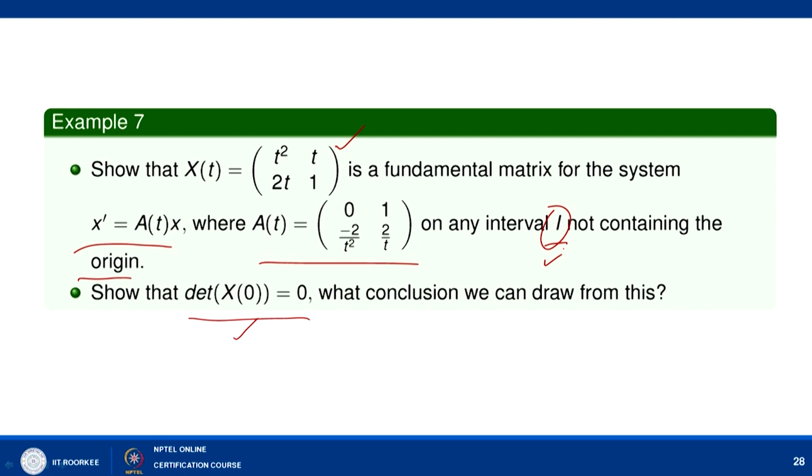So, the only remaining part is to show that x(t) equal to [t², t; 2t, 1] is a fundamental matrix solution of the differential equation x' = A(t)x. So, let us solve this.